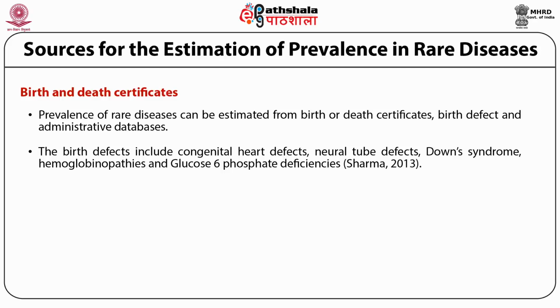The most prevalent rare diseases in the erstwhile state of Andhra Pradesh were as follows: congenital hypothyroidism, 1 in 1700; congenital adrenal hyperplasia, 1 in 2575; and hyperhomocysteinemia, 1 in 100.